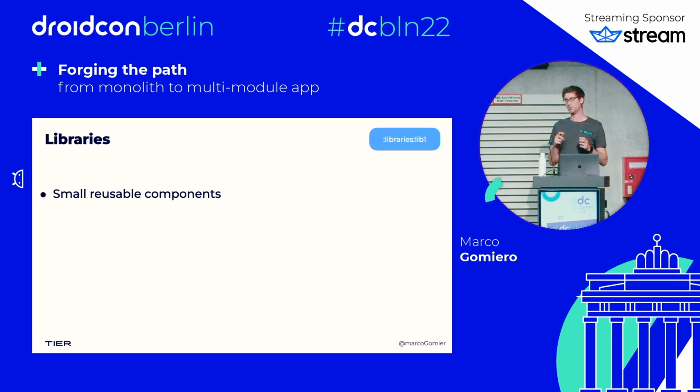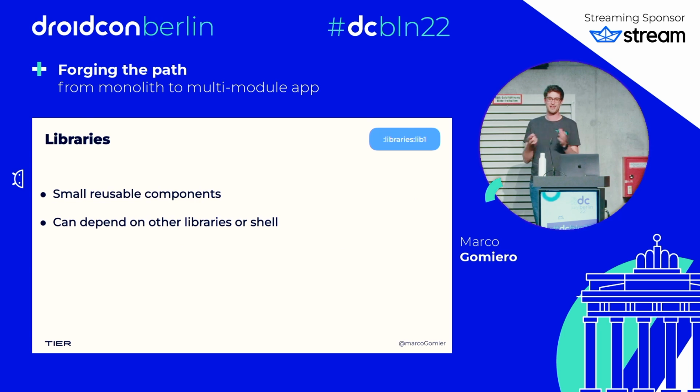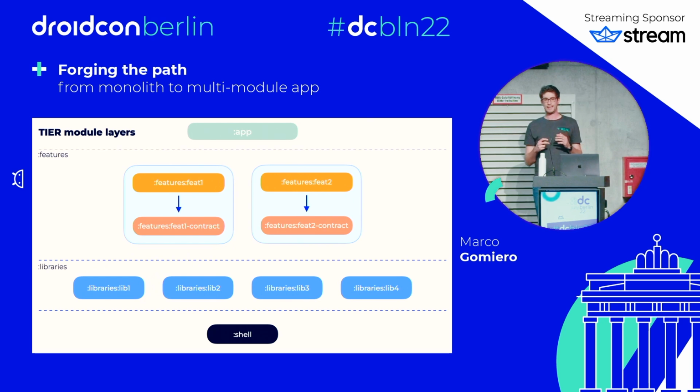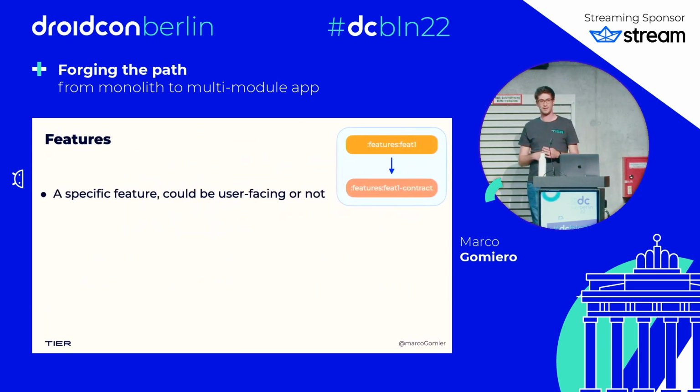Those modules can depend on each other, because why not have a library that depends on another library? And of course, it can also depend on shell, because there could be something shared between multiple things. Now, again, let's move up, and we are reaching the feature layer. The feature layer contains features.